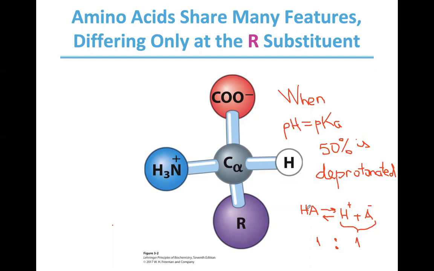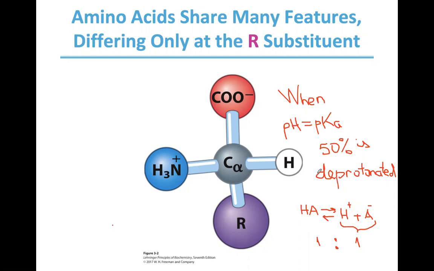Remember the principle: Le Chatelier's principle. As you drop the pH, you increase the amount of protons, right? It becomes more acidic. As you increase the amount of protons, the system responds by removing the protons and moving to the left to give you more protonated acid, right?